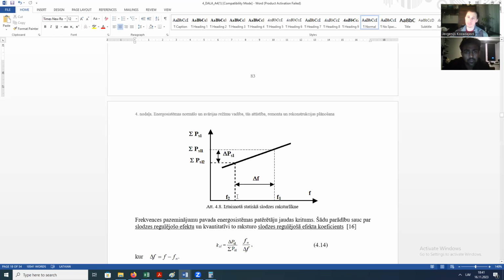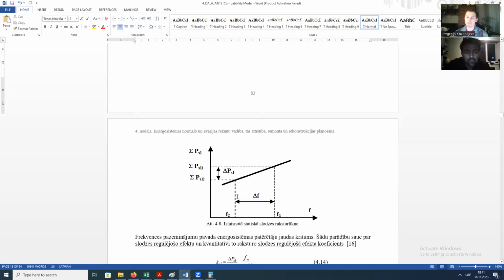But we are talking about the static. Why? Because this is how we could control our generator. And if we are going to control this generator using this straight line, we call it static because it is straight, without any fluctuation.